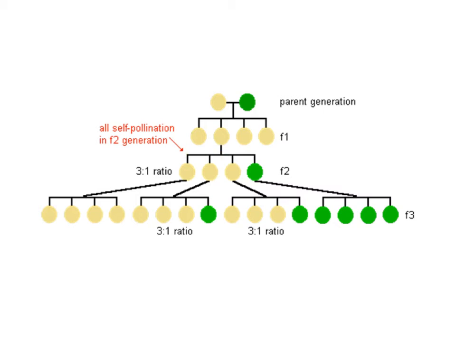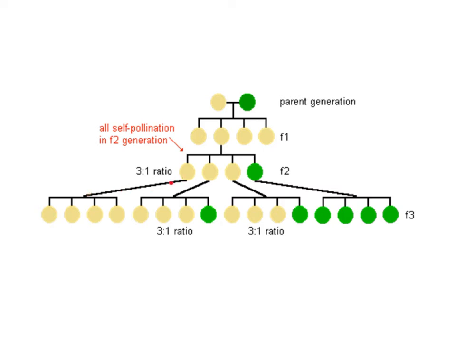Then we can show the offspring if the plants were allowed to self-pollinate. So here's the F2 generation coming from this yellow pea. The offspring of this yellow pea was in the 3-to-1 ratio. So 3 yellows for every 1 green. Then these were allowed to self-pollinate as well.